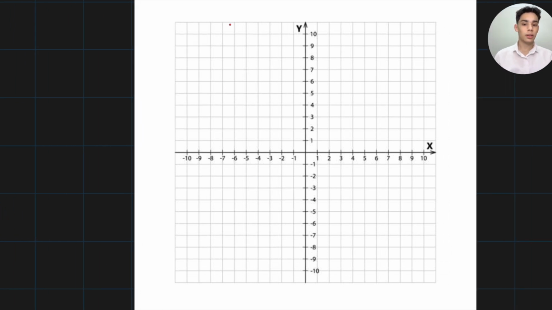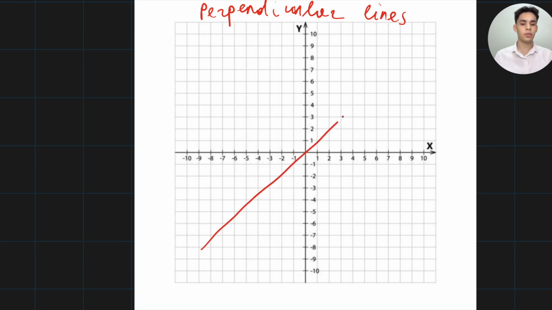So, now let's get to perpendicular lines. Again, we have two pairs of lines. Let's say our first line is something like this. It just goes like this. Then our second line, let's just say it will be something like this.